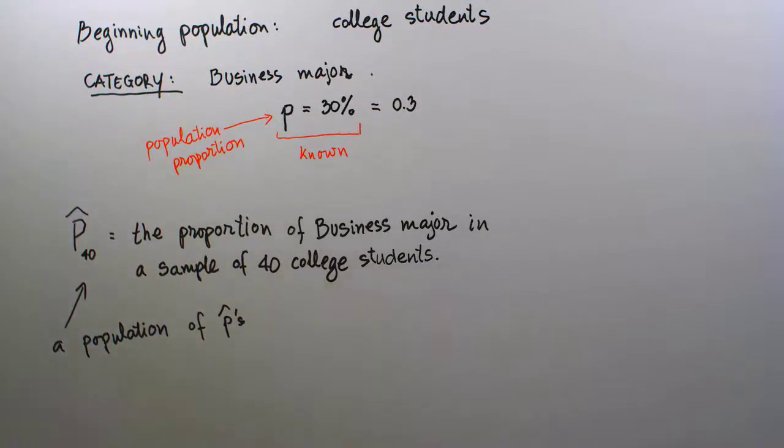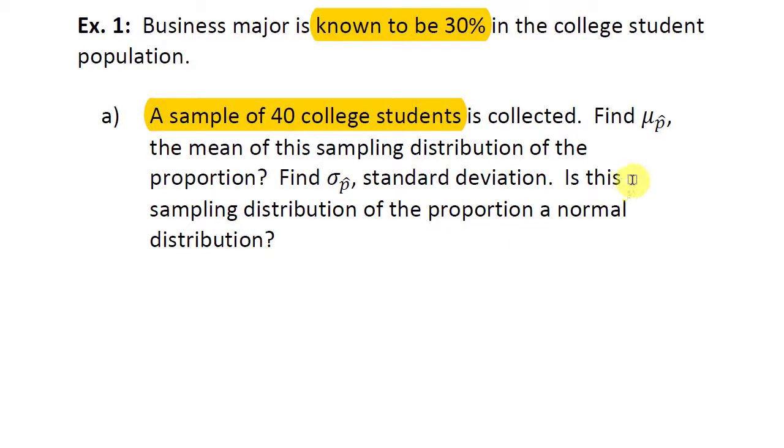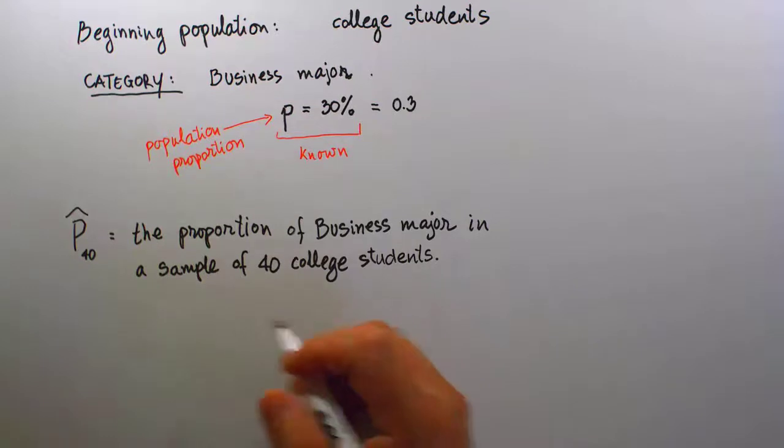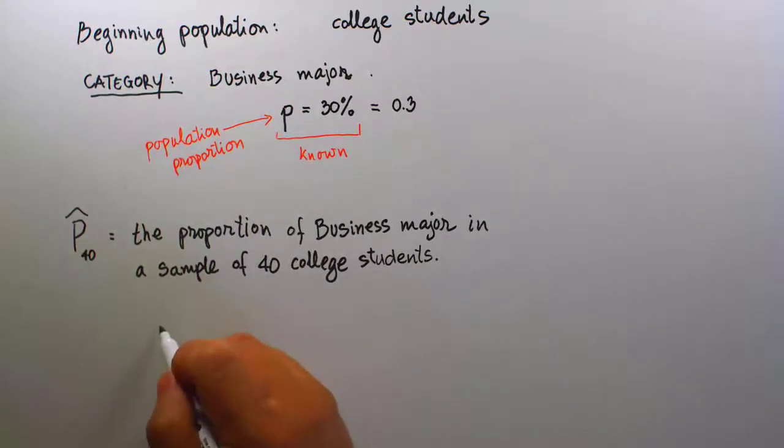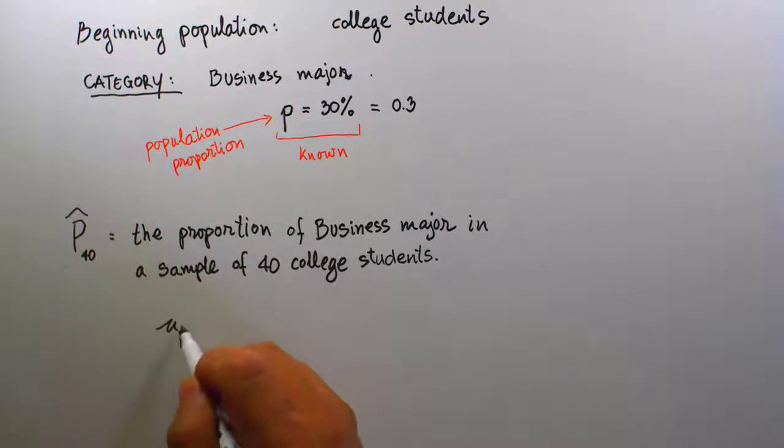And that is the reason why, back on my computer screen, the question is asking us, in this sampling distribution of the proportion that we now realize clearly exists, to find mu p hat, the center. So we are now going to find mu p hat. This is the average of all sample proportion values.